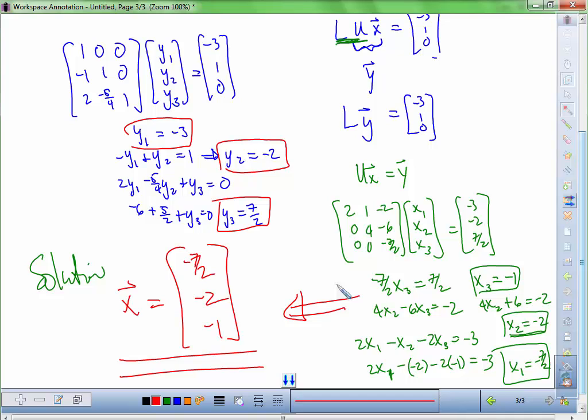Questions? So like the first row where you have 2, 1, and -2, you had +1, but then you had a -1 right where you have x1 minus x2 minus 2x3 or something like that.